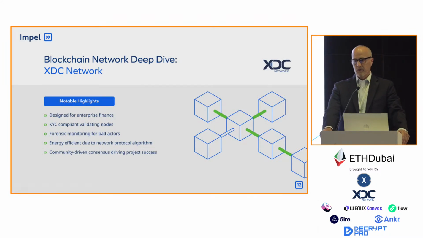The XDC network, the notable highlights are it's designed for enterprise finance, it has KYC compliant validating nodes, forensic monitoring for bad actors, it's energy efficient due to the network protocol, and it's a community-driven consensus driven project.